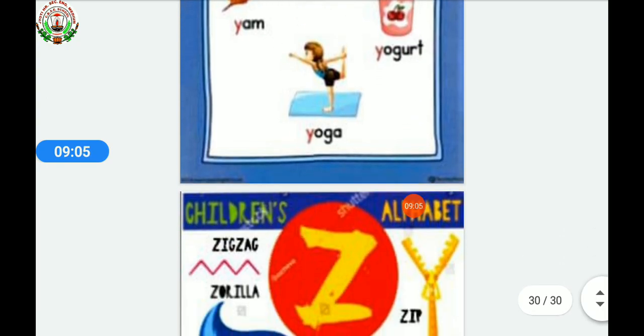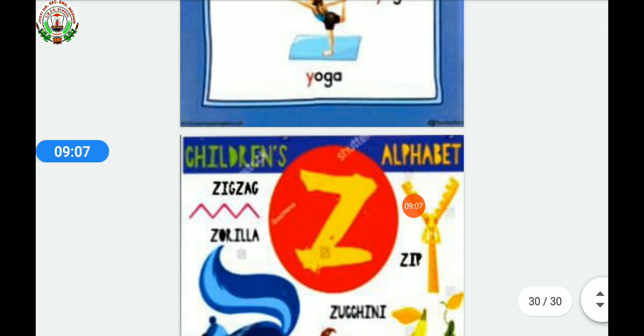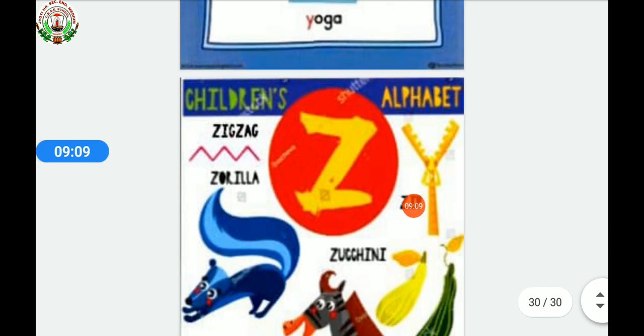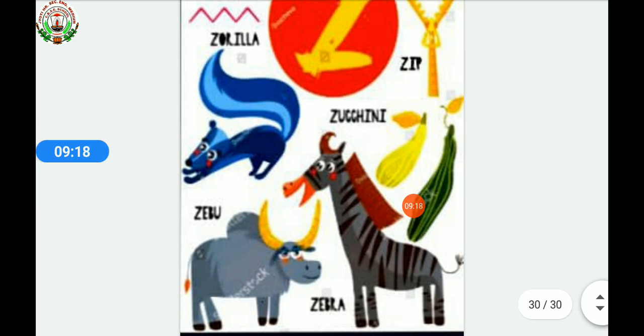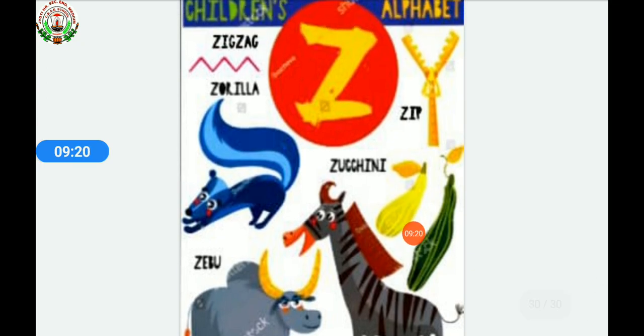Then the last, 26th letter is Z. From Z also we can make many words. Z for zigzag, Z for zorilla, Z for zebra, Z for zip.